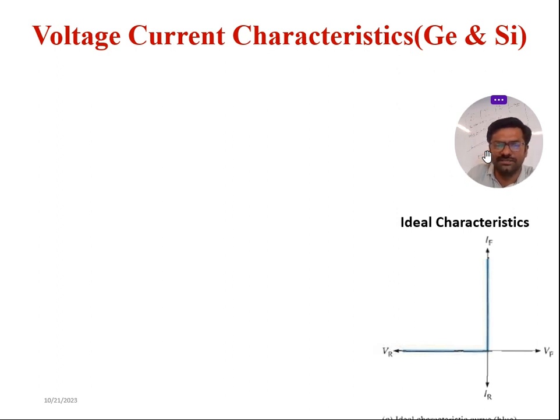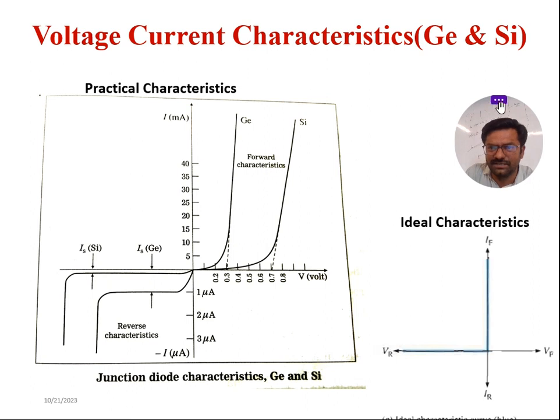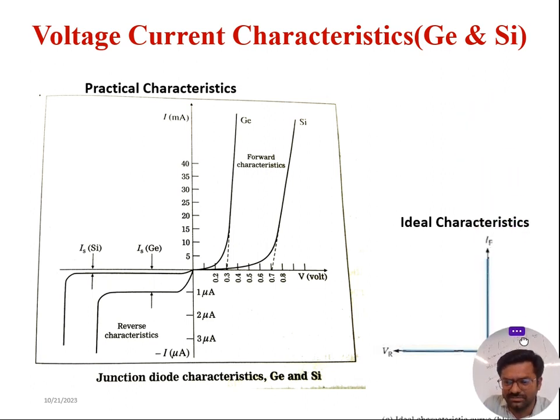As we have already discussed, the practical diode characteristics are like this. Here, for germanium and silicon, please observe the practical diode characteristics. For silicon, the cut-in voltage is around 0.7 volt. For germanium, the cut-in voltage is around 0.3 volt.